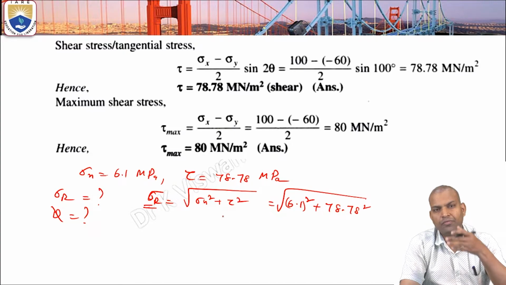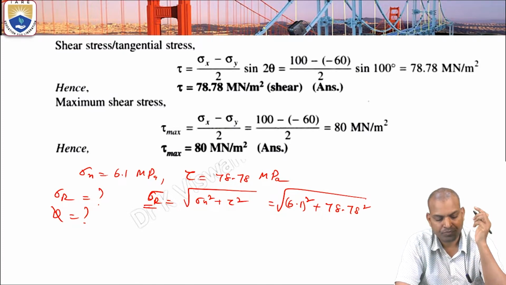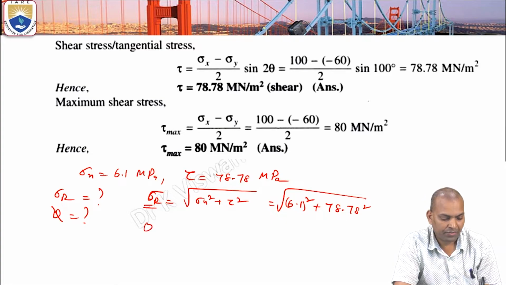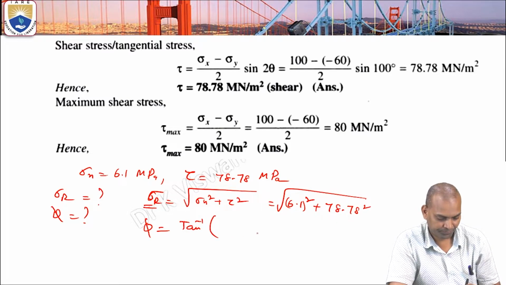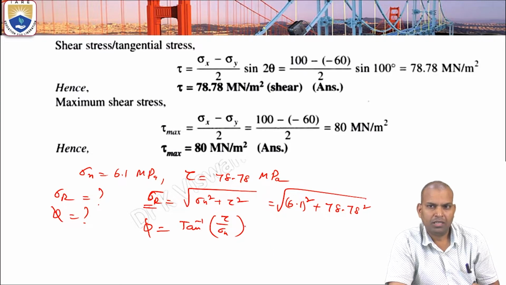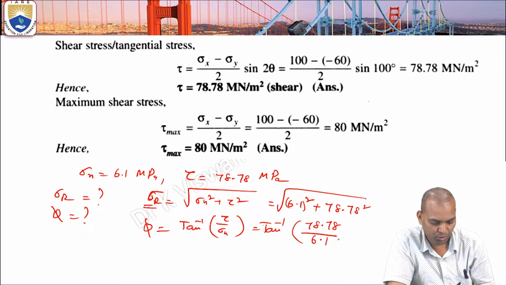With what angle is this resultant stress acting? The angle at which the resultant stress acts is the angle of obliquity, that is tan inverse of tau by sigma n. Here tau is 78.78 and sigma n is 6.1.